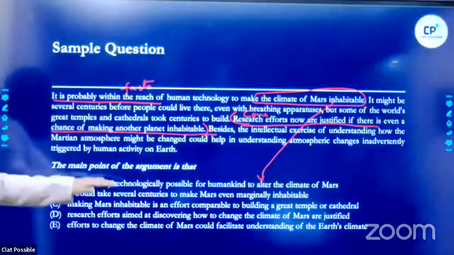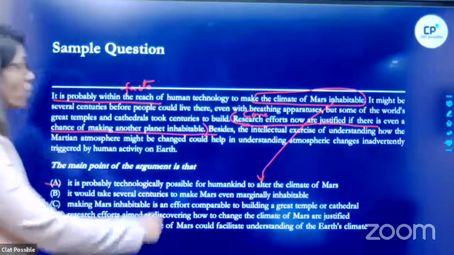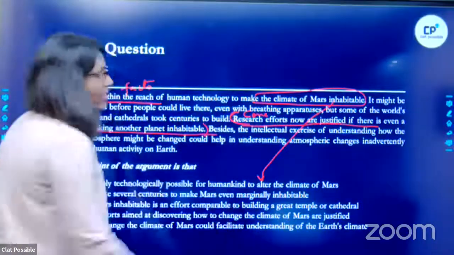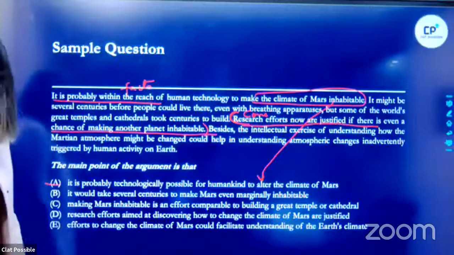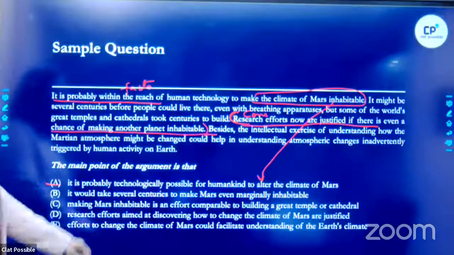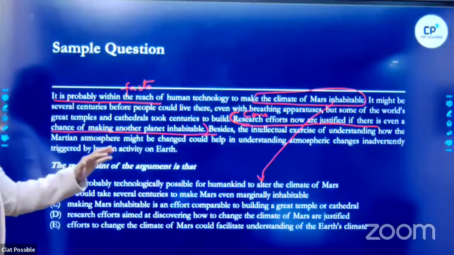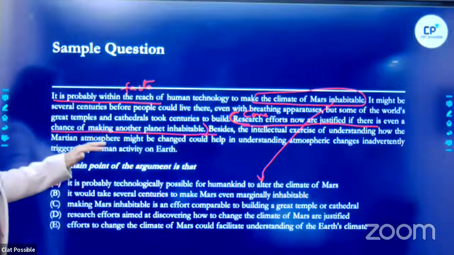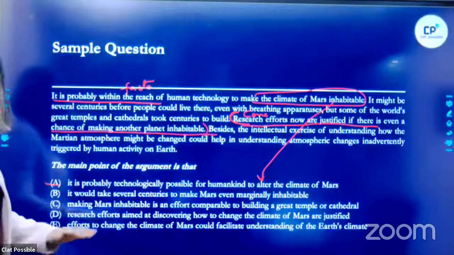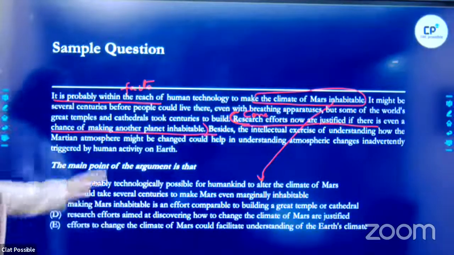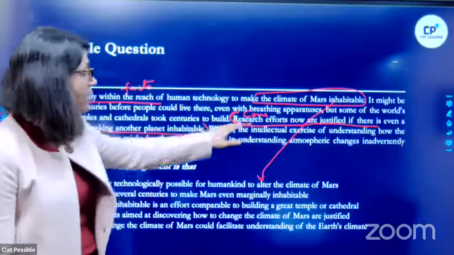This is only a repetition of the facts. The conclusion is that the author says, since now we are in a position to do it, any effort that looks at more life is justified. This is the conclusion. So my answer has to reflect this conclusion.